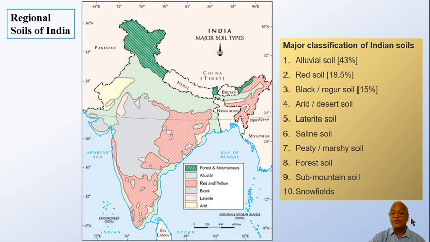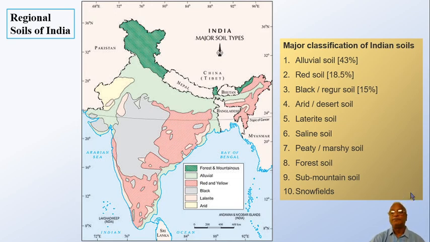The soils of the peninsular region are those which have formed by decomposition of rocks in situ, that is, directly from the underlying rocks. They are transported and redeposited to a limited extent and are known as sedimentary rocks.